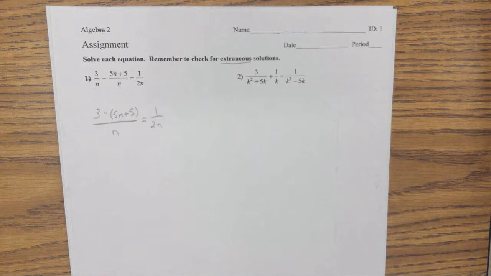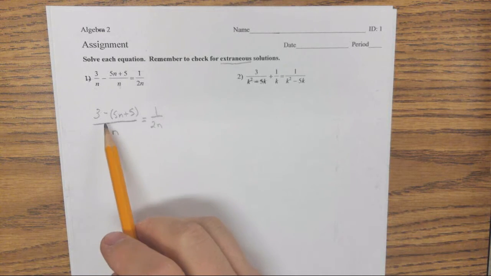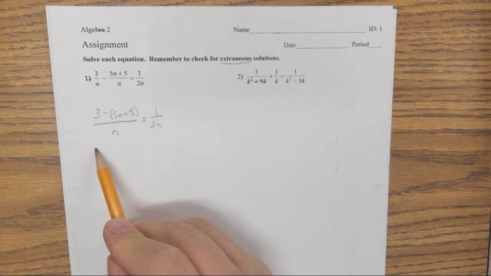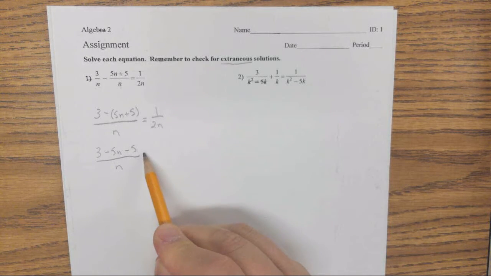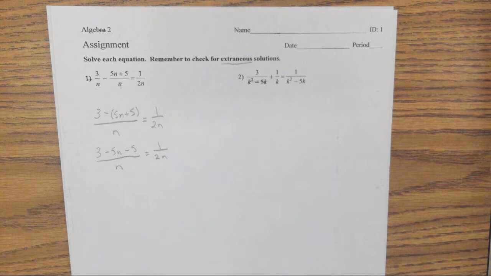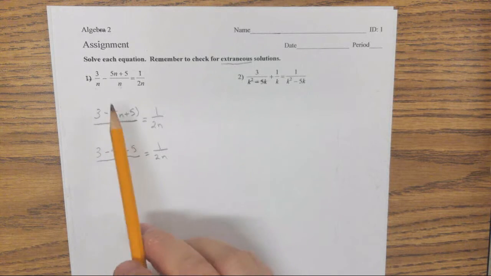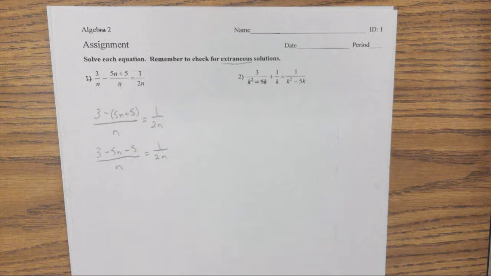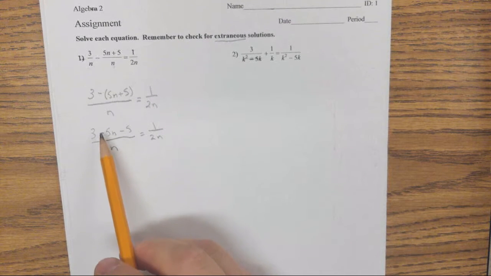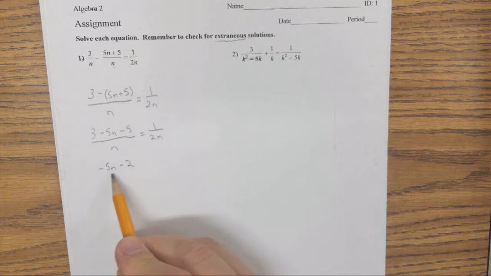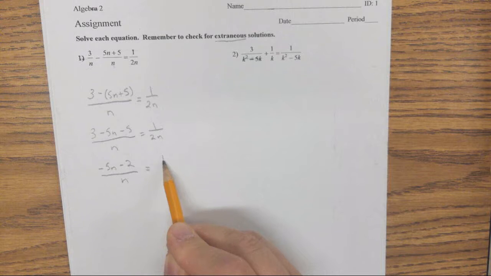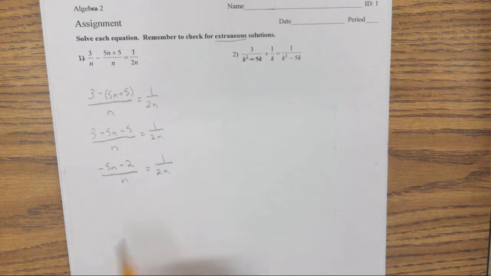Now, distribute the negative through, so I've got 3 minus 5n minus 5 all over n equals 1 over 2n. Just going step by step, doing all the simplification that I can first before I start trying to combine n's together and do all that kind of stuff. 3 minus 5n, now this is minus 5n minus 2 over n equals 1 over 2n. Done as much simplification as I can now.